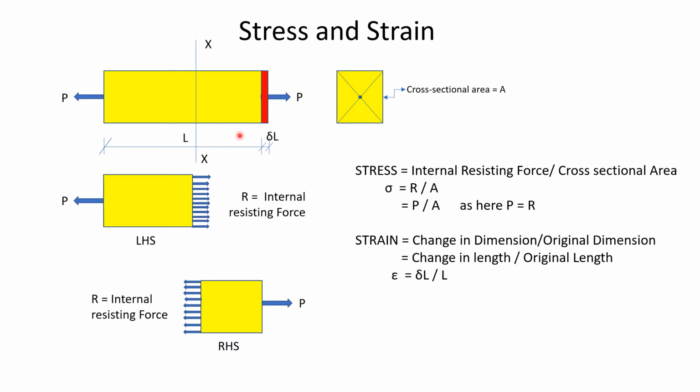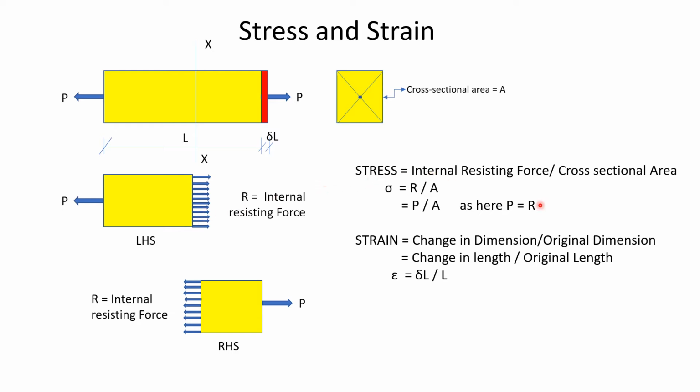Similarly, if I consider the right hand side of the section, then the internal resisting force developed here is in this direction. This is the internal resisting force, and this is the force P. So this internal resisting force which is developed per unit area is called stress.